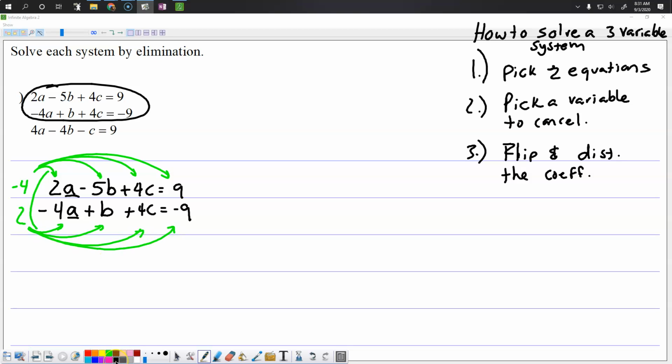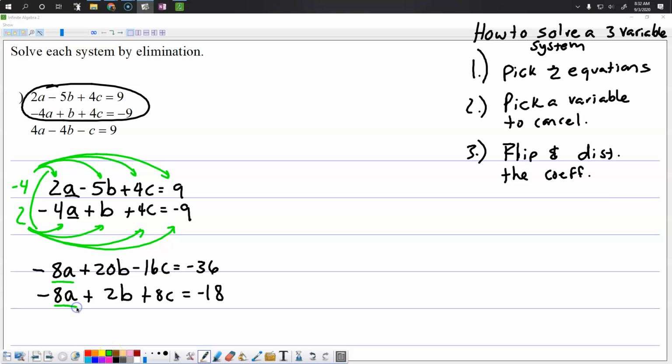Okay, now after I do that, let's go ahead and see what we get. Now what that accomplished for us is it got the A's to have the same number.